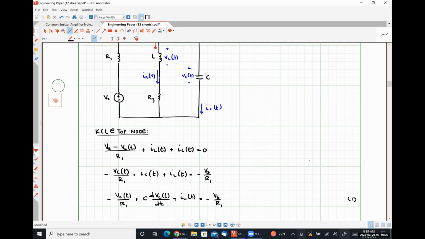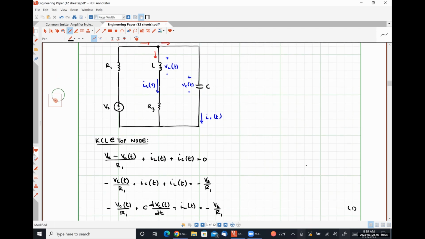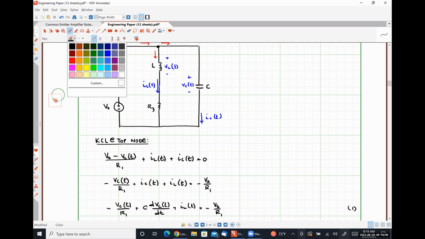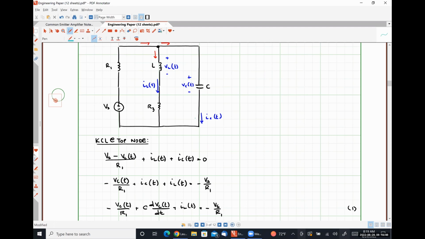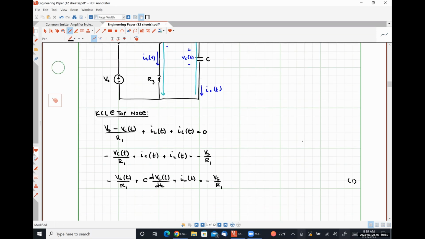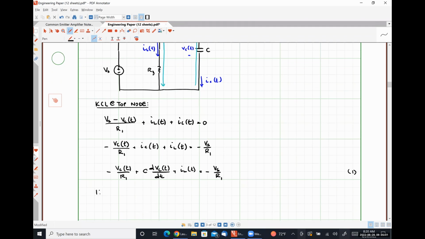So another thing that I can do here is I can write a Kirchhoff's voltage law expression around this loop. So let's call this KVL around the right-hand loop.